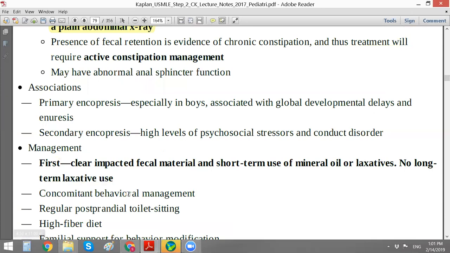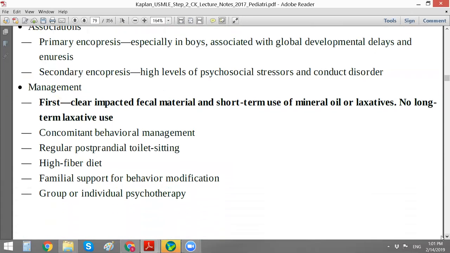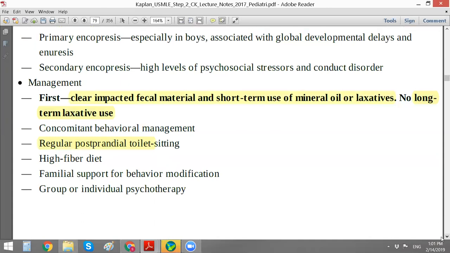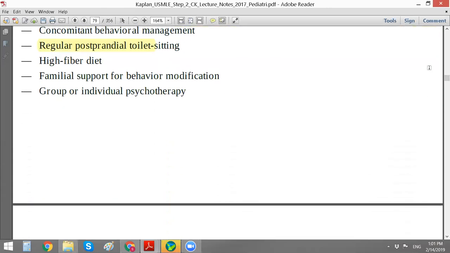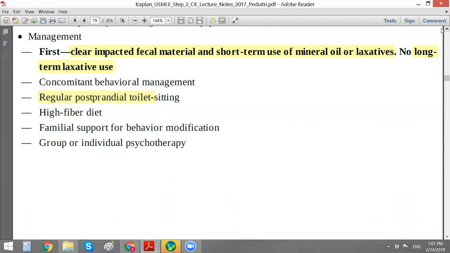And concomitant behavioral management: regular postprandial toilet sitting, high fiber diet, familial support for behavior modification, and group or individual psychotherapy. So, most of it was retentive.